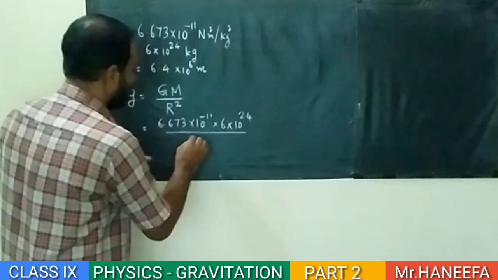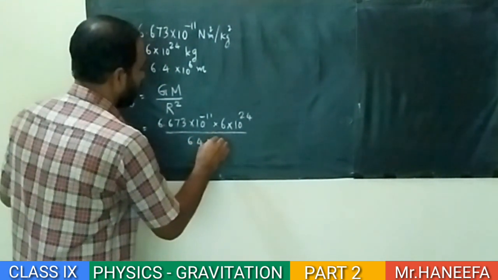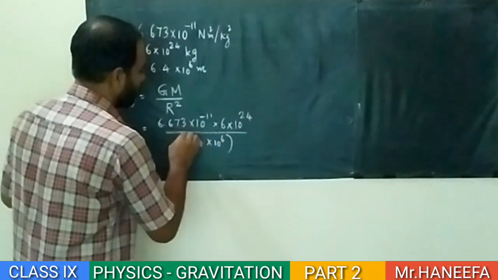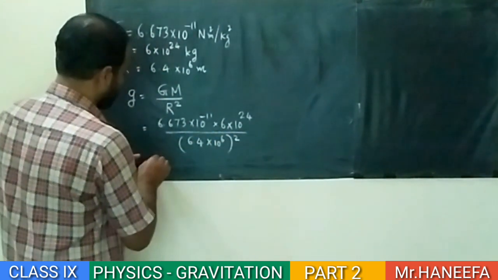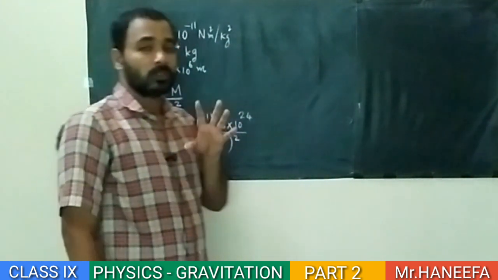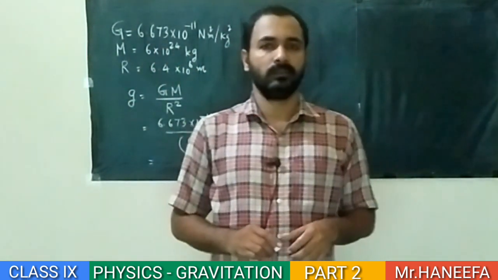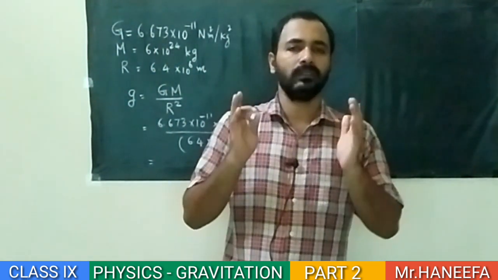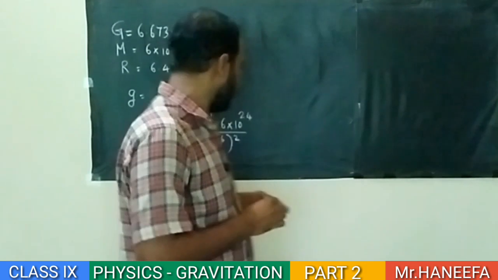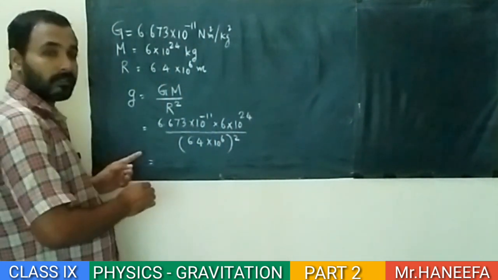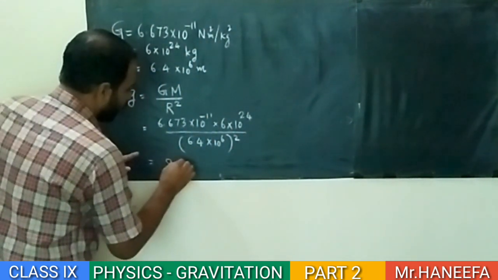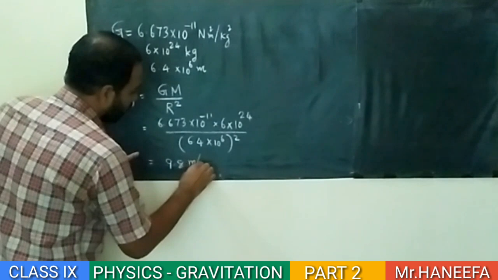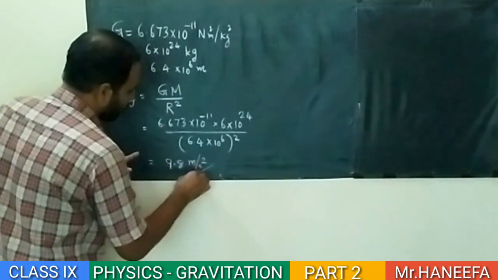R is 6.4 into 10 raised to 6 whole square. Okay. On solving these values, we get the answer as 9.8 meter per second square.